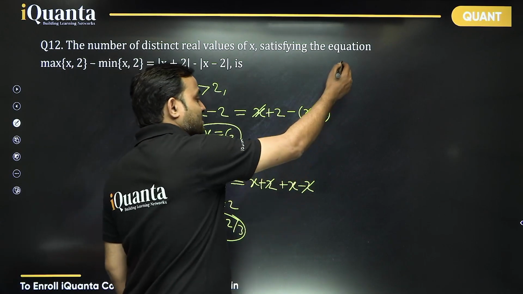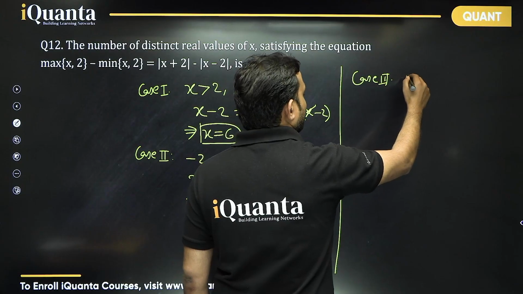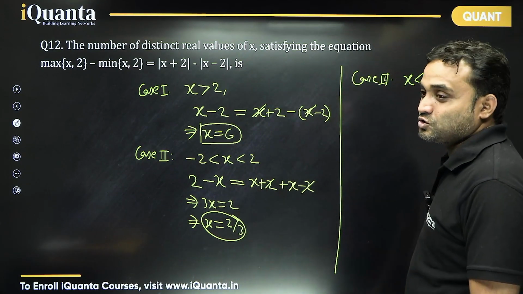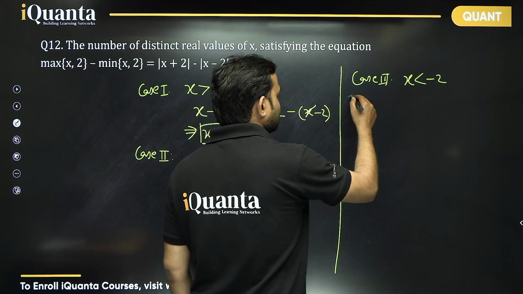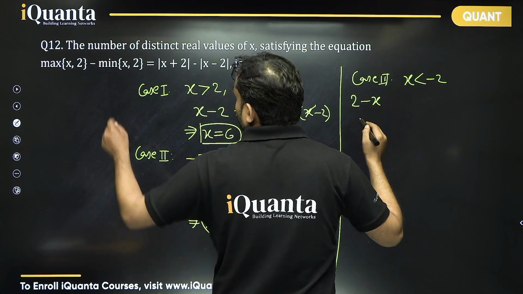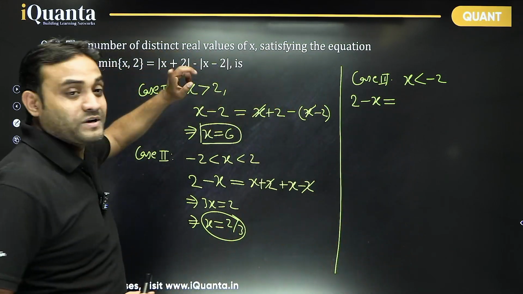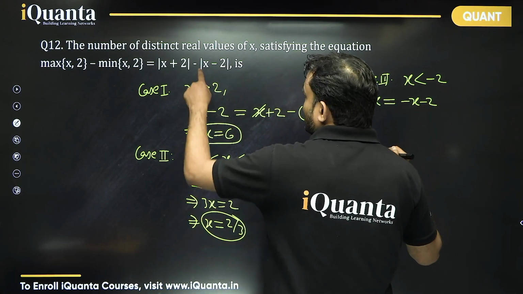Now if I take case 3, where x is less than −2, what will happen? The maximum of x and 2 will be 2, and the minimum of x and 2 will be x. This x plus 2 will become negative, meaning minus x minus 2 will come outside the mod.